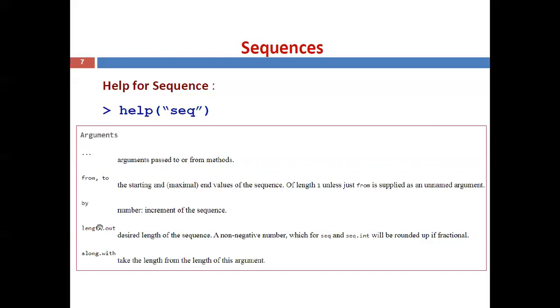Then length.out is the desired length of the sequence, a non-negative number, which for seq and seq.int will be rounded up if fractional. Then along.with takes the length from the length of this argument. These are the explanations of all the arguments presented in the sequence syntax.